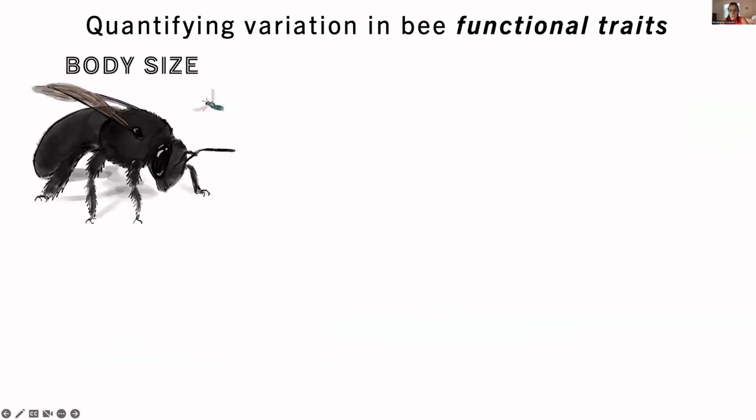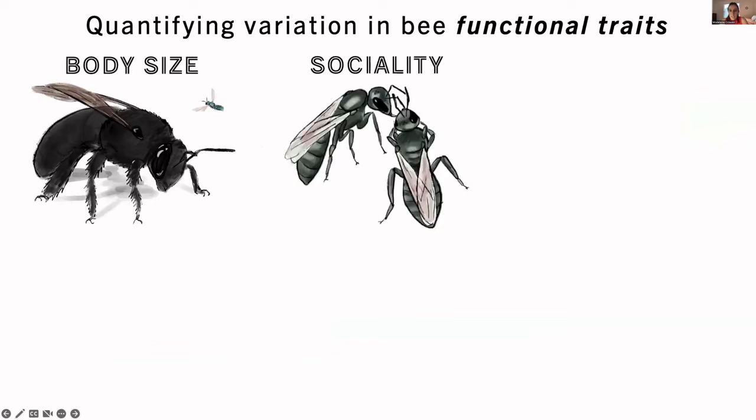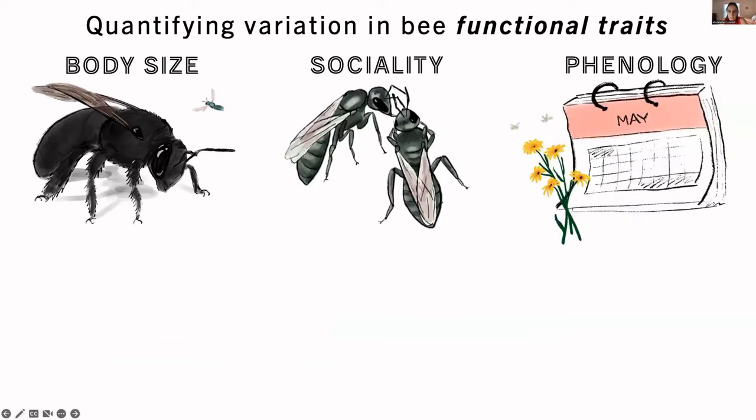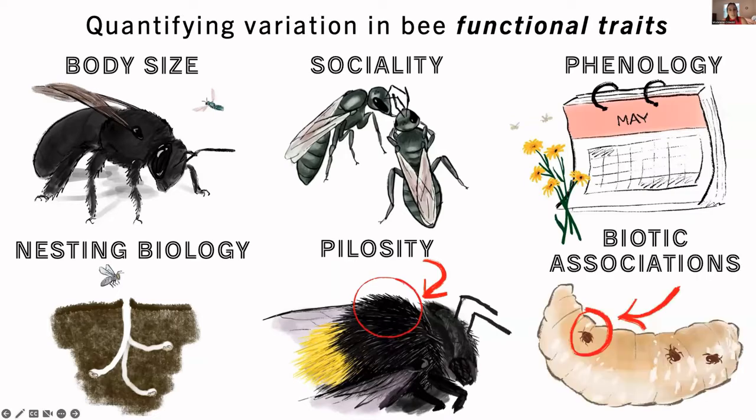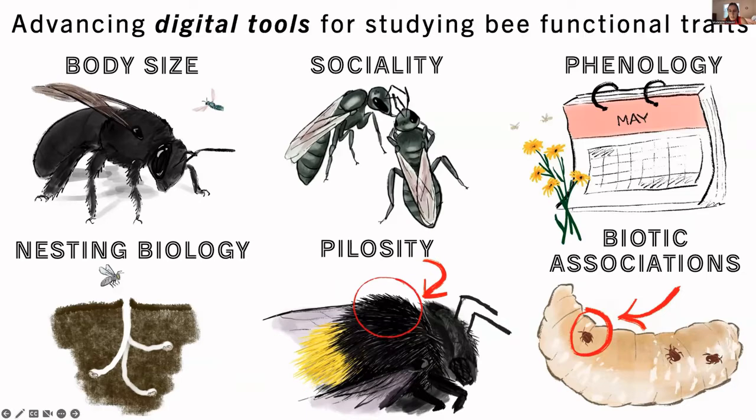So when I say functional traits, I'm talking about traits like body size, sociality, phenology, nesting biology, pilosity or hairiness, and associations with other organisms like flowers or parasites. Specifically, we're hoping to achieve this in part by developing new tools for quantifying this trait variation.